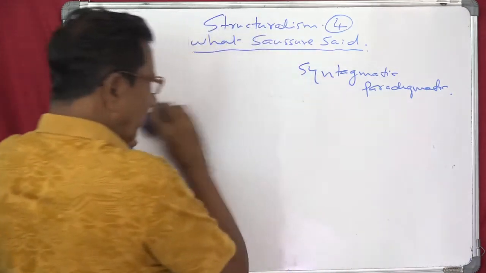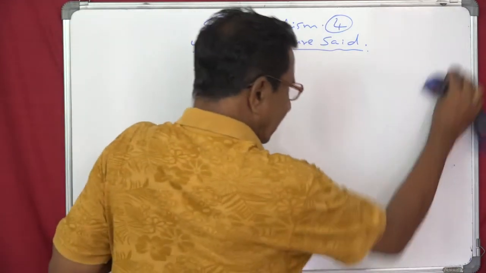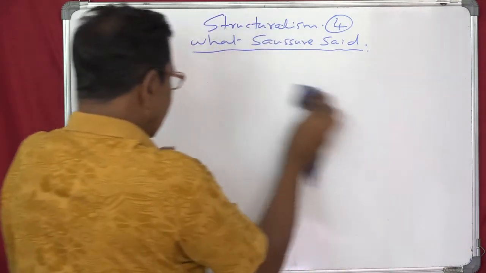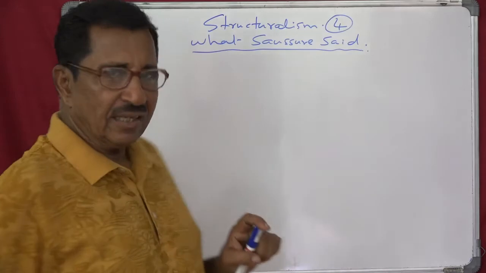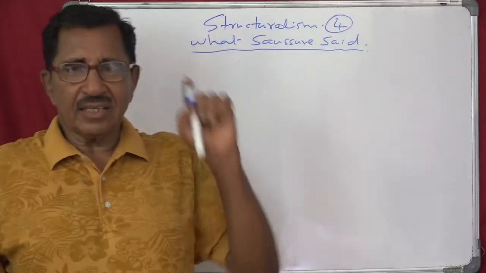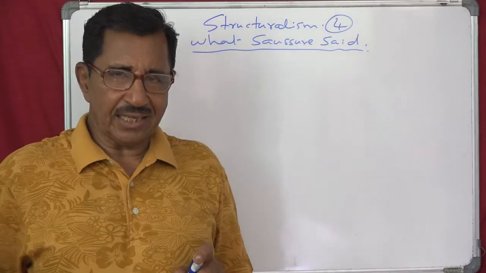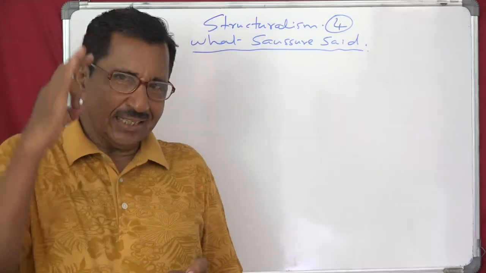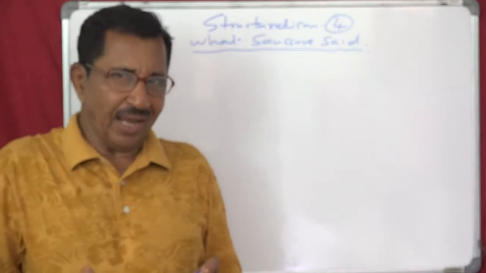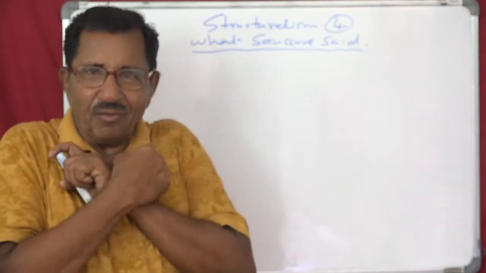You know that very famous poem that we are going to take up the discussion of in a structuralist way, T.S. Eliot's poem, The Waste Land. So the very opening sentence, you will find the syntagm and the paradigm is terribly violated.